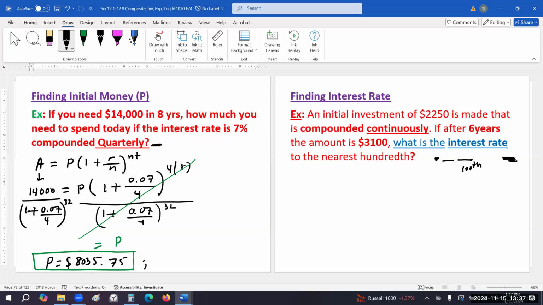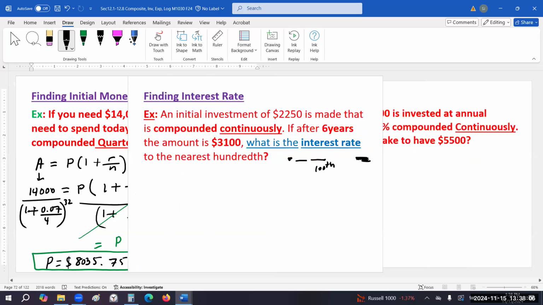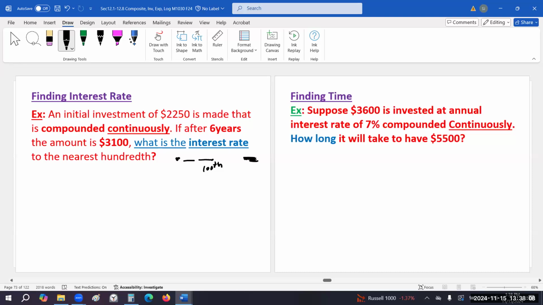So you're finding the rate. And since our rate is on the power, we actually have to apply log to bring the power down.